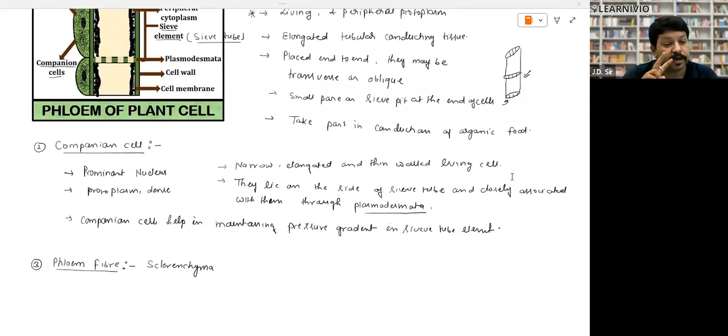The term is different, the function is the same. When I teach you more animal anatomy, I will tell you about the junctions. Plasmodesmata are of a single type, but cell junctions found between two animal cells have some varieties. In the nervous system, there are chemical junctions and electrical junctions. But cellular interconnections is the term we use in place of plasmodesmata.